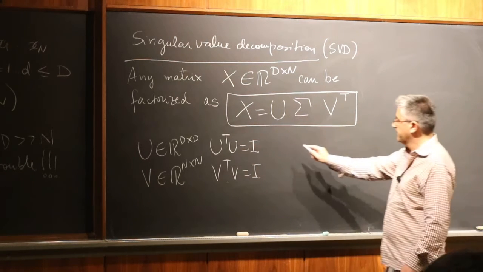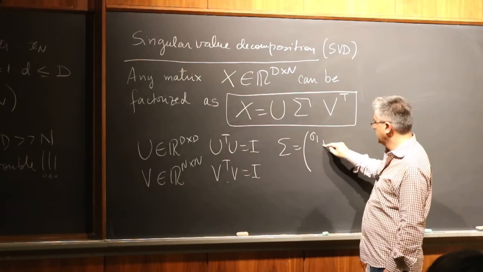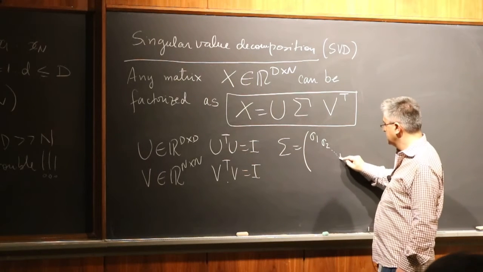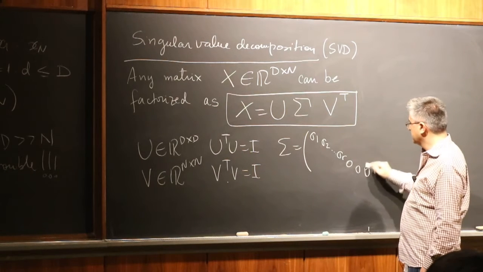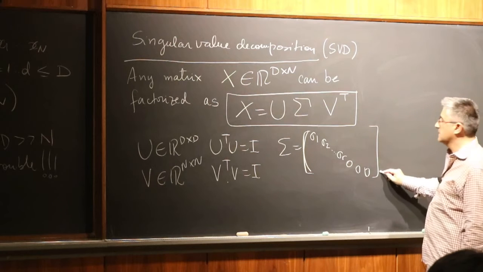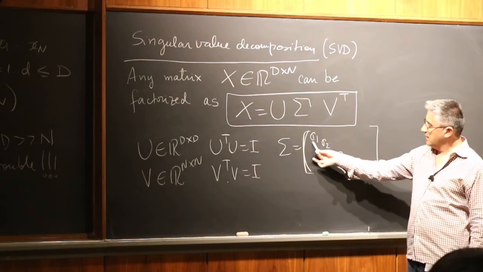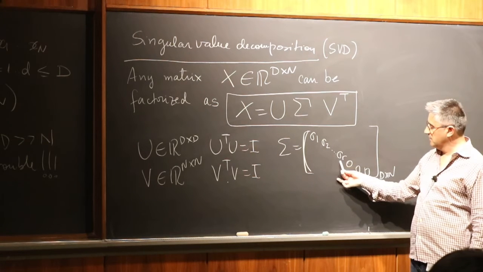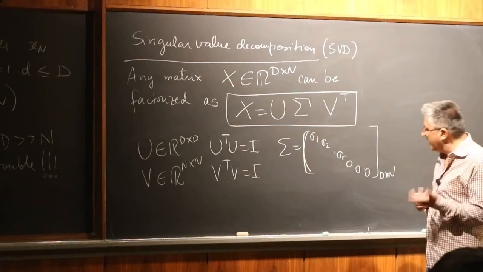And sigma is diagonal. Sigma 1, sigma 2, sigma r. Well, it cannot quite be diagonal because it's not square. So this sigma is D by N. The idea is that there are R entries that are non-zero, and everything else is zero in that matrix. And what is R?